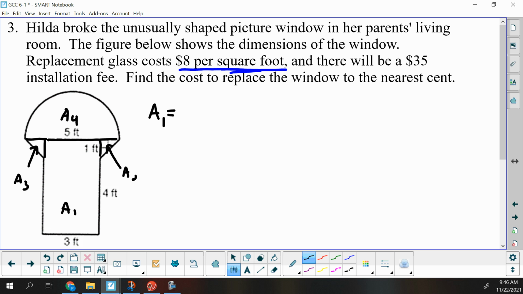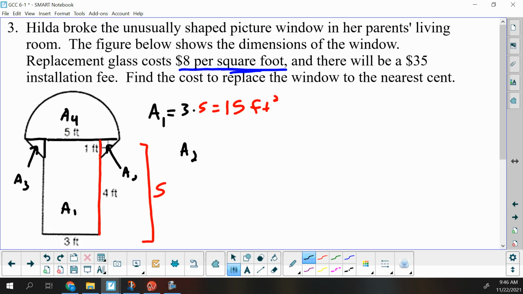For area 1, we've got a rectangle. The base is 3, but we have to be careful with the height, because the 4 only goes from here to here, and then you've got a 1 there. So really, the whole height of the rectangle is 5. 3 times 5 gives us 15 feet squared.